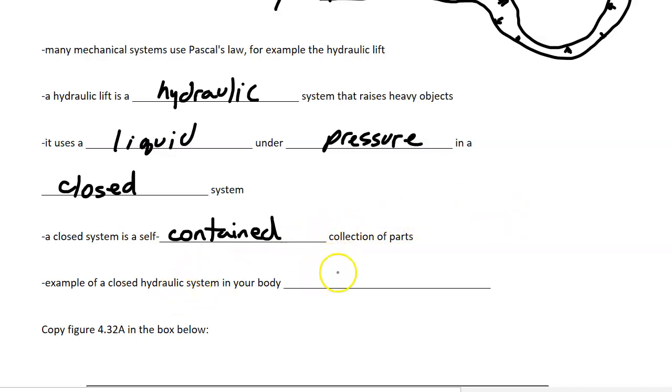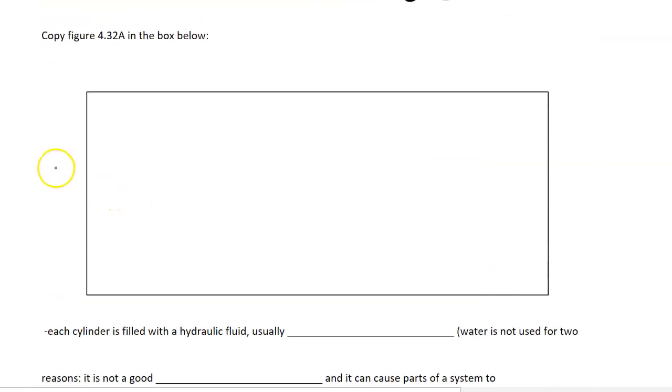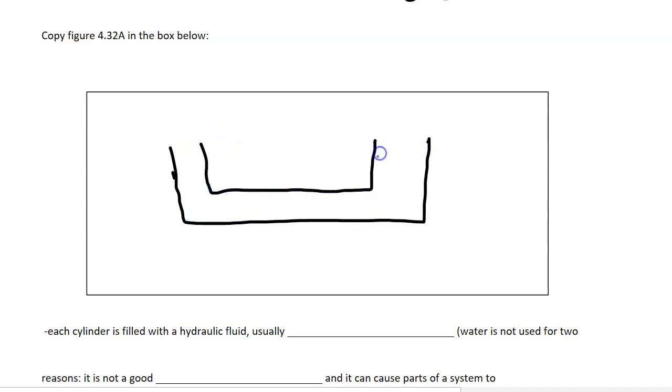An example of a closed hydraulic system in our body is, in fact, the circulatory system. Kind of one example of that is figure 4.32a from your textbook. It looks something like this. Okay, where we've got two hydraulic presses, one on either end.